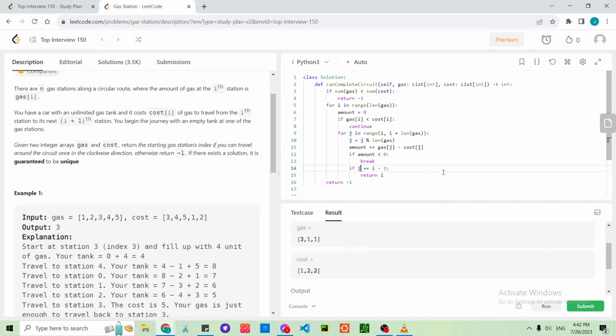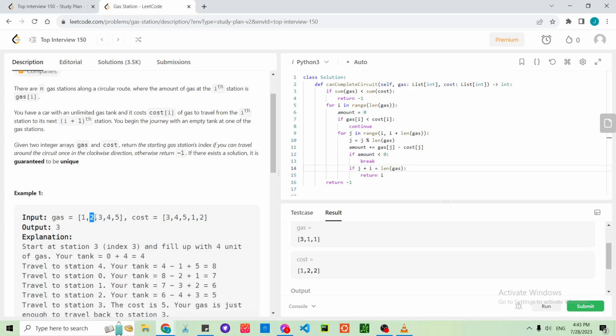Minus 1 if j is, so j will be 2. What about if j plus i equals the length of this? Let's see, if j is 2, i is 3.